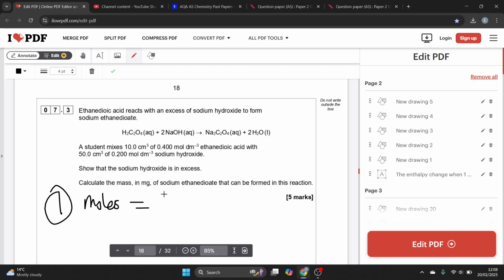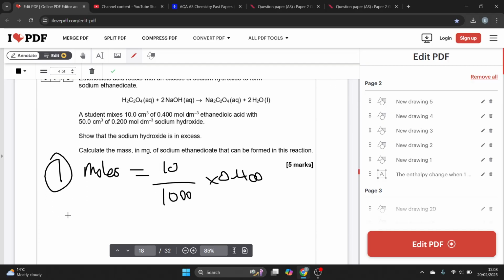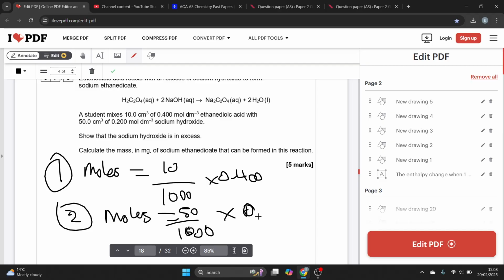So the most common thing, find out the moles of ethanoic acid, that's easy, and find out the moles of sodium hydroxide. Times by 0.200.